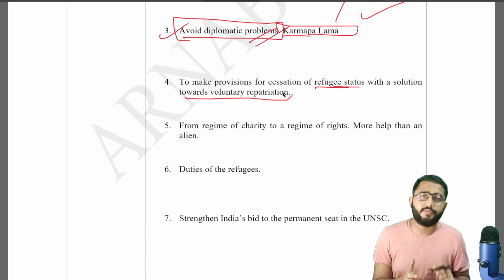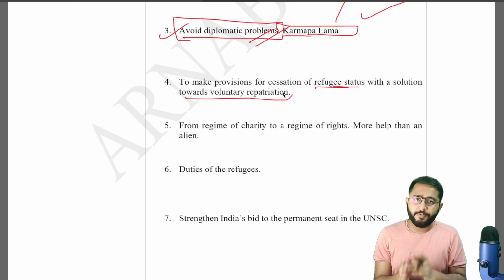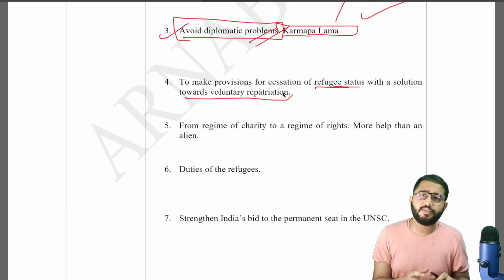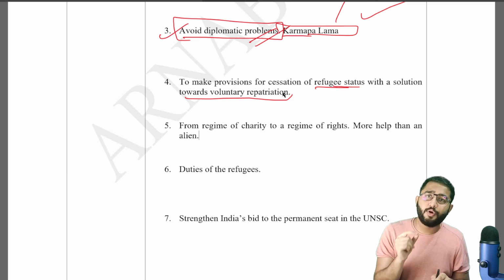The cessation of the refugee status, right? If you outline this, tomorrow no one, be it the 1951 convention or anyone else, can question why you've taken it, because you've already outlined these provisions, right? And in that same law, you can have this voluntary repatriation.